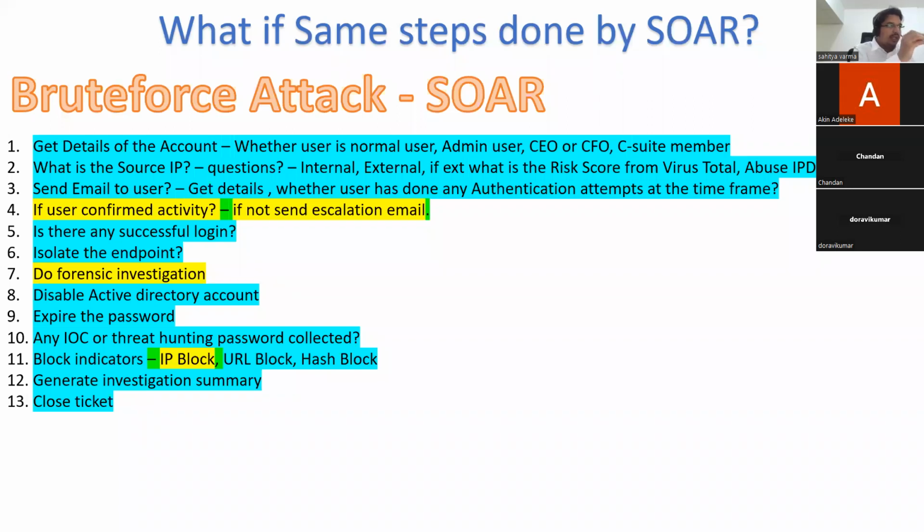Only those are required, for example forensic investigation. We are still developing this SOAR mechanism, so forensic investigation is still not 100% automated. At the same time, at the IP blocking level, multiple questions are being raised: when it is a dynamic IP, what is the benefit of blocking one dynamic IP at the firewall?